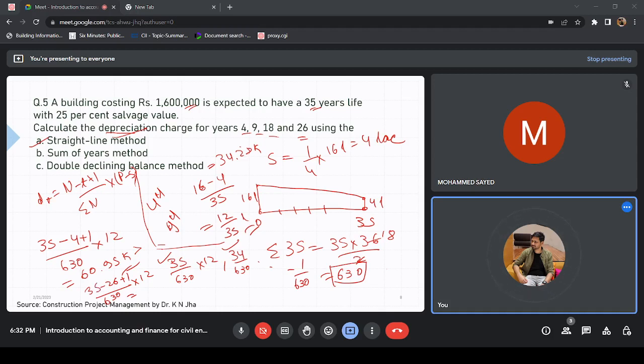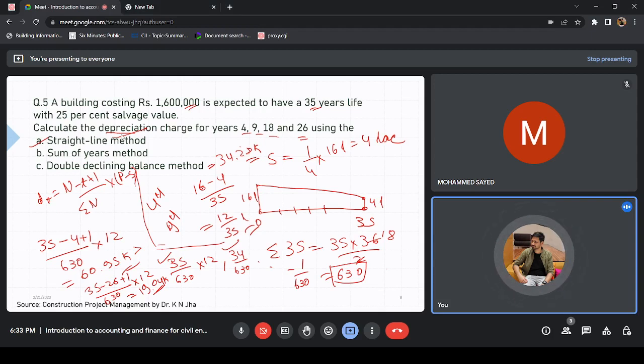In the 26th year, it gives a value of 19.04 thousand, but by straight line it was 34,000. So you can see that in later years the sum of years gives us less depreciation.